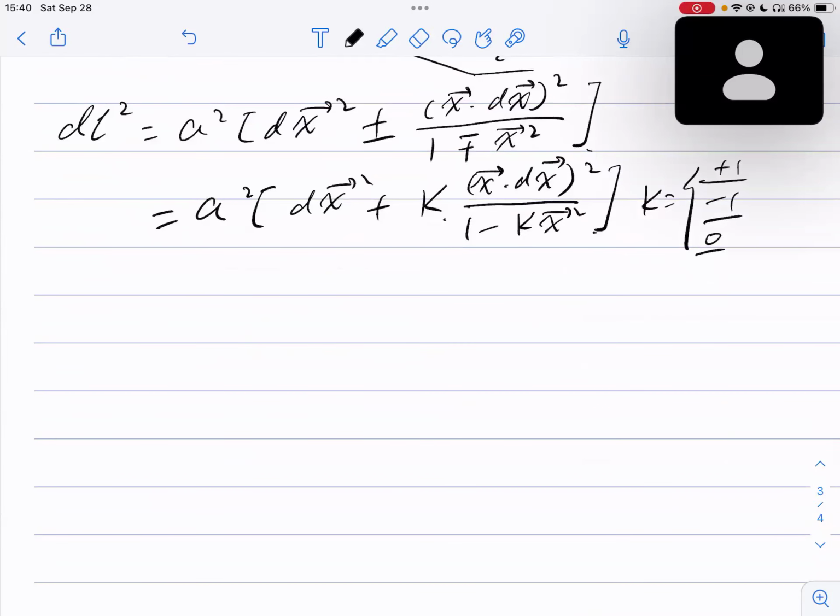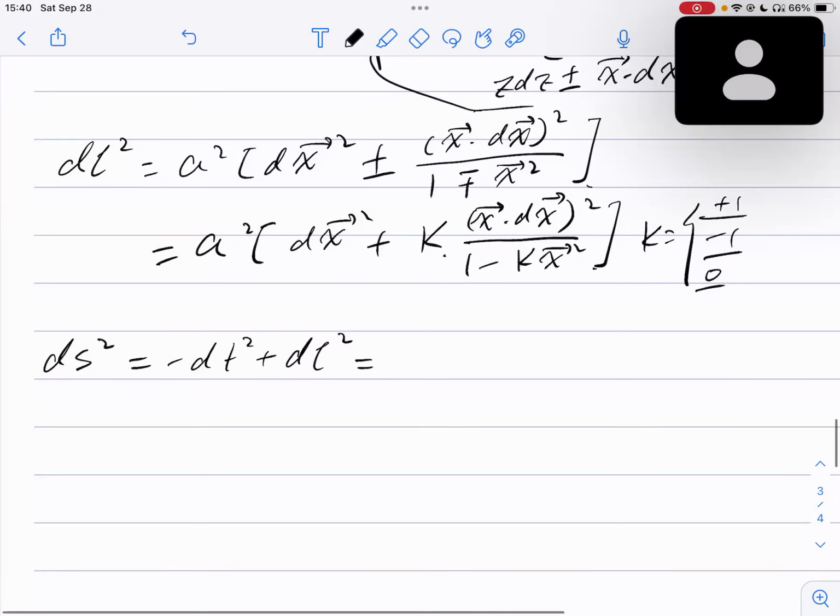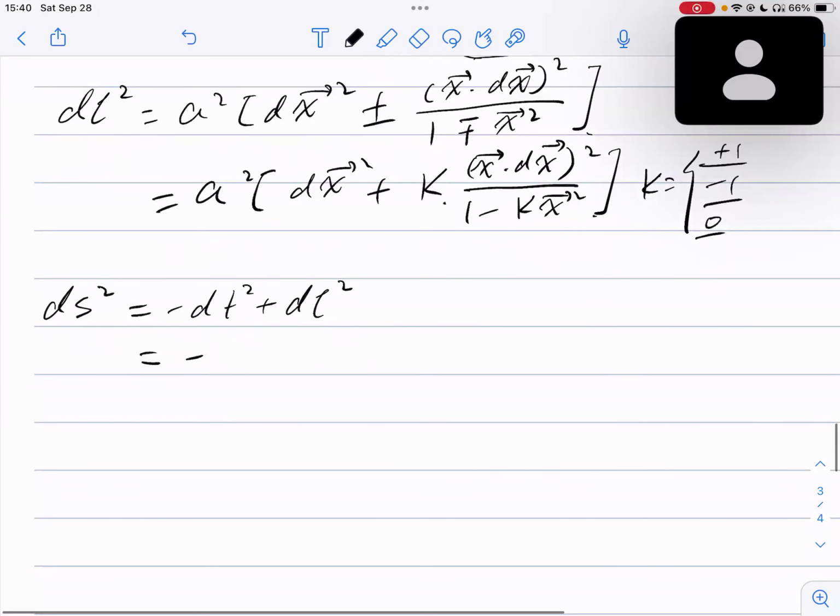So to obtain the line element in this four-dimensional space-time, we can write down the space-time distance ds squared equals minus dt squared plus dl squared, which equals minus dt squared plus a squared times dx squared plus k (x dot dx) squared over 1 minus k x squared.